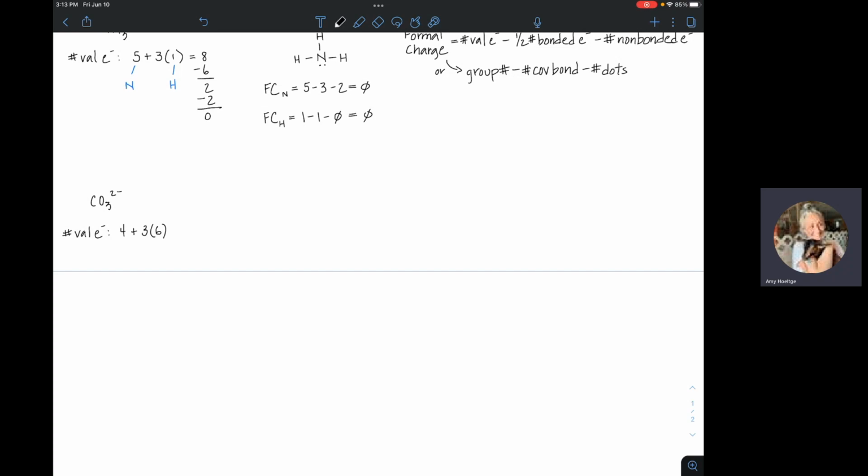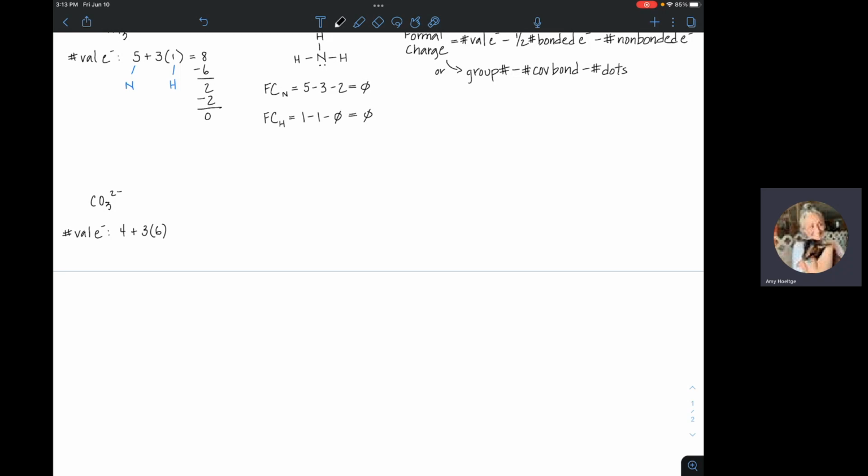And then you see this -2 charge. When you're drawing the Lewis structure for either an anion or a cation, you want to either add or subtract valence electrons to ensure that whatever structure you end up with at the end of all of this, you have a -2 or a -1 or a -3 or a +1, whatever. So in this case, we're adding electrons, right? Valence electrons. We want to make sure that we end up with a -2 charge.